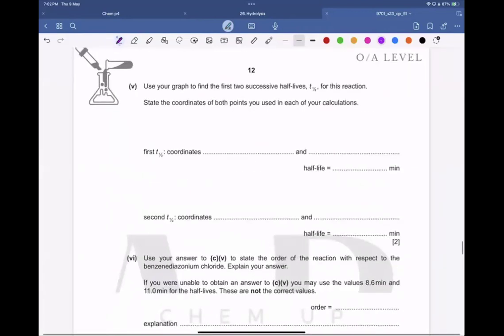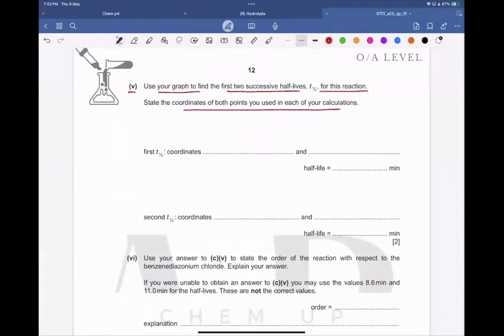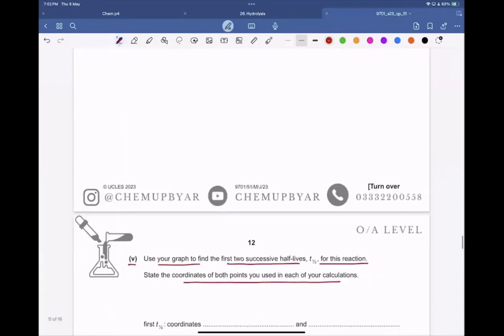Now, use your graph to find the first two successive half-lives for this reaction. State the coordinates of both points you use in each of your calculations. Okay, 1 minute. Yes, what didn't you understand?